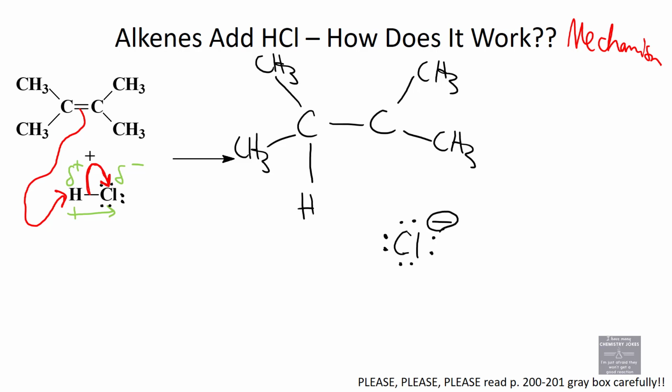He's an anion. The two carbons that were in the pi bond had 4 bonds. They were neutral. Now this carbon still has 4 bonds, but that one does not. That one has only 3 bonds. Carbon's in group 4. 4 minus 3. This carbon is plus.